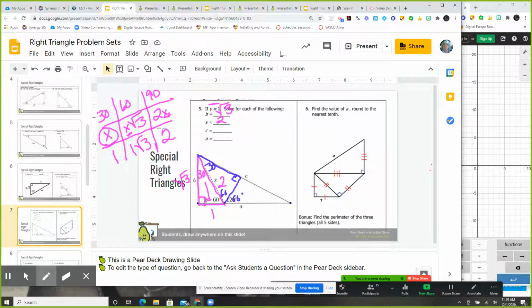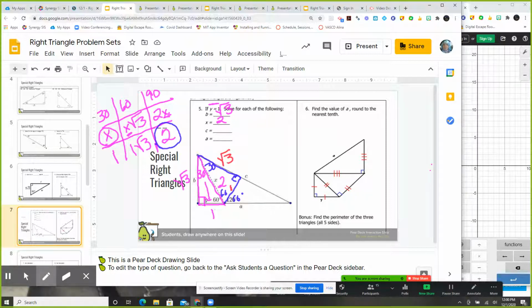And if we know that the hypotenuse of that blue triangle is 2, where can I put the 1 and the square root of 3? So that's 1. Boom. Yep.